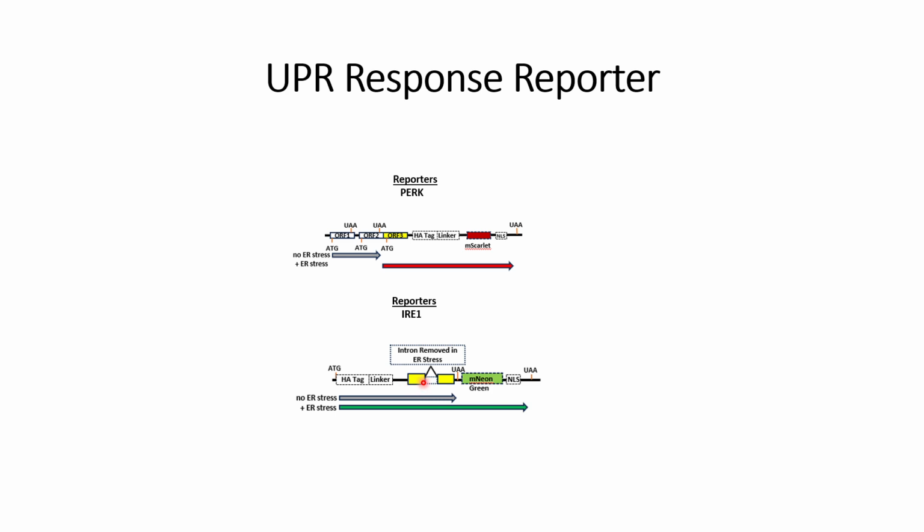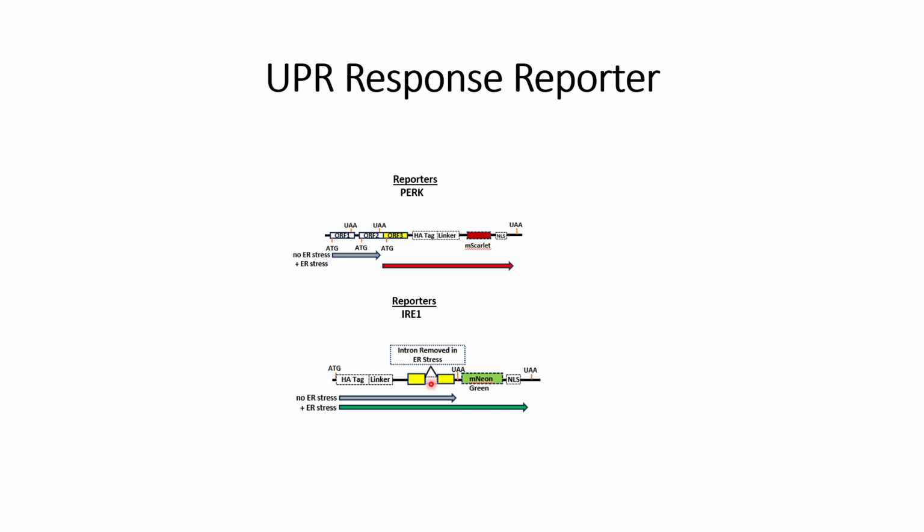In the normal condition, there is an intron present in the XBP1 that prevents its complete translation, so the translation ends at this site. Whenever there is no ER stress, this intron is not removed and the translation ends at this site. So this green signal will not get translated.